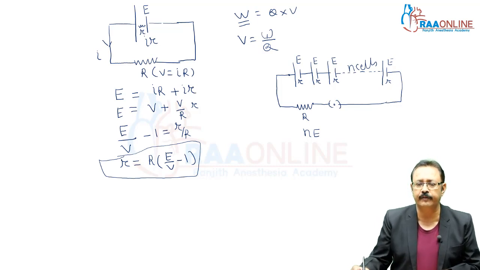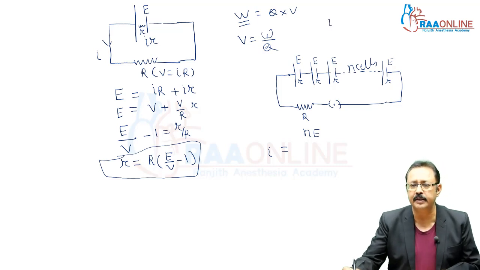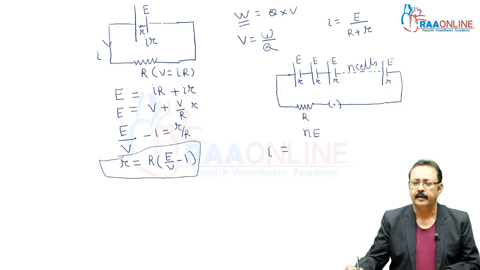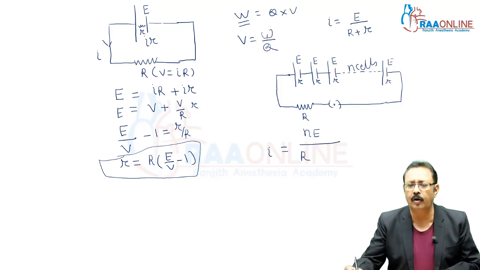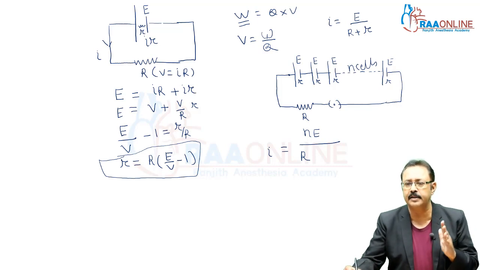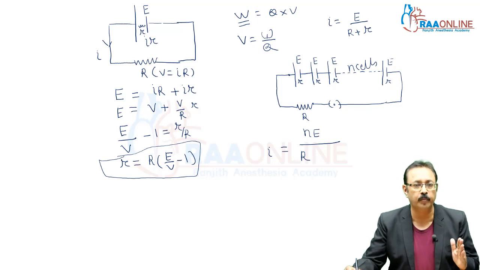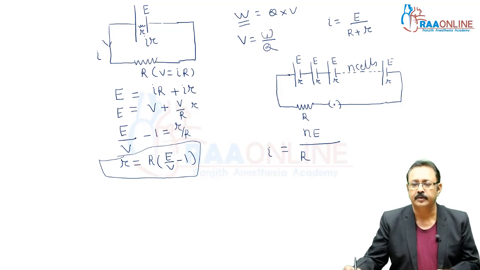What is the current? We know that the current in a circuit is the total EMF divided by the total external resistance plus the total internal resistance. The external resistance is capital R. Since all internal resistances are connected in series, using the formula for series combination, the total internal resistance will become n into r.